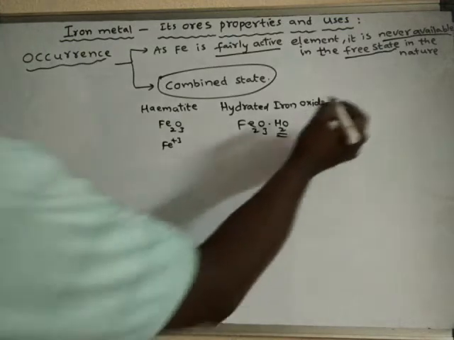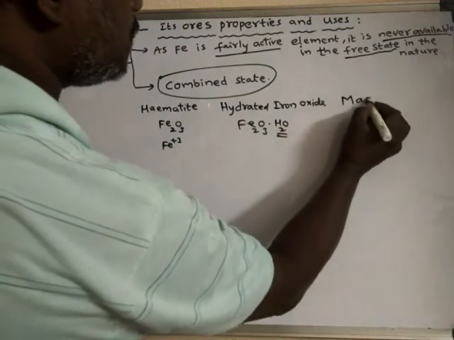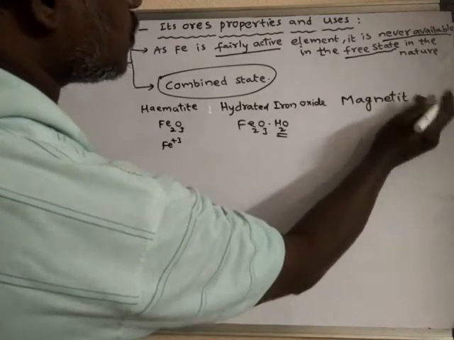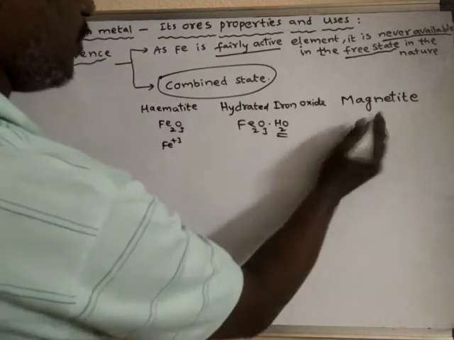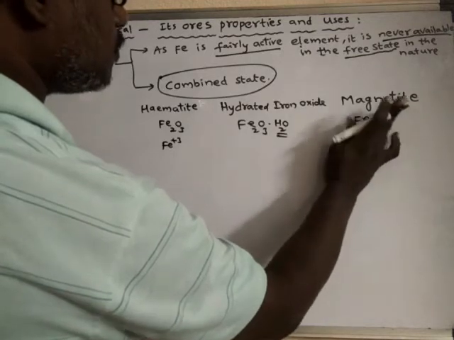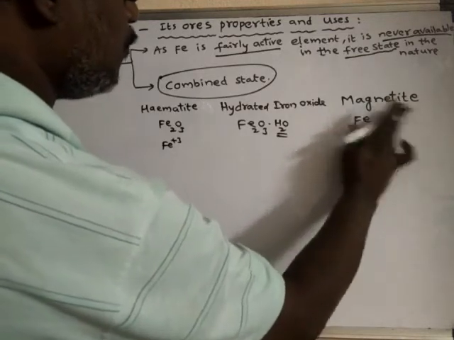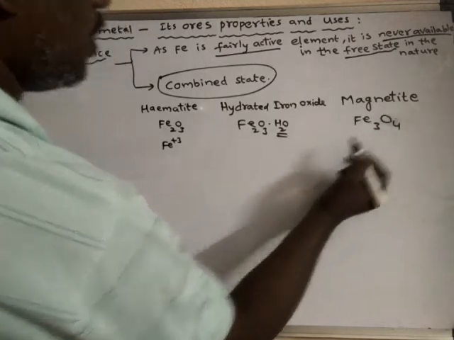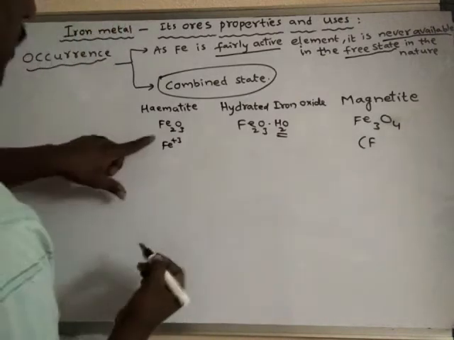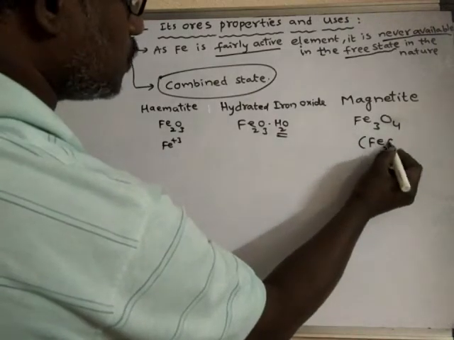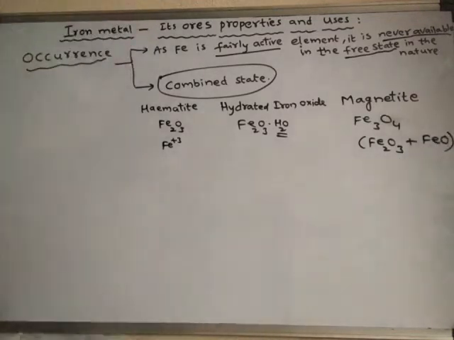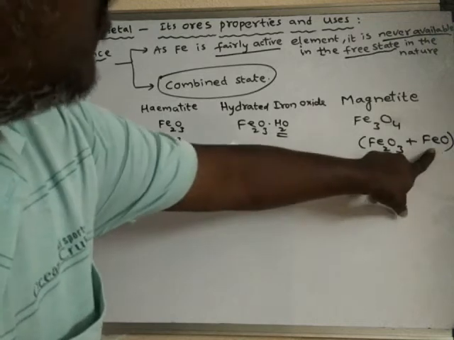Next is magnetite. The formula of magnetite is Fe3O4. Actually, it's a mixture of ferric oxide and ferrous oxide.